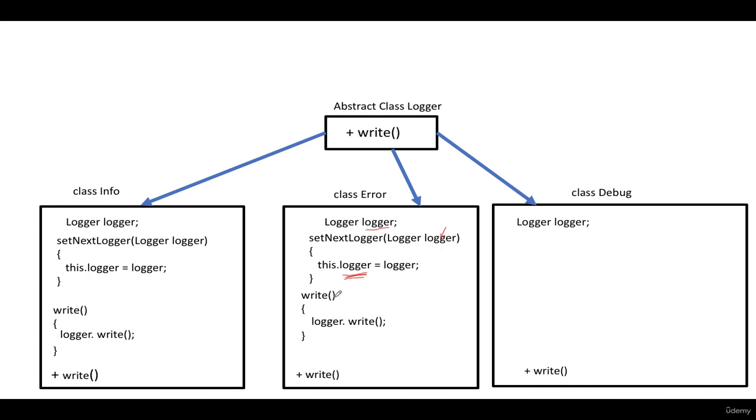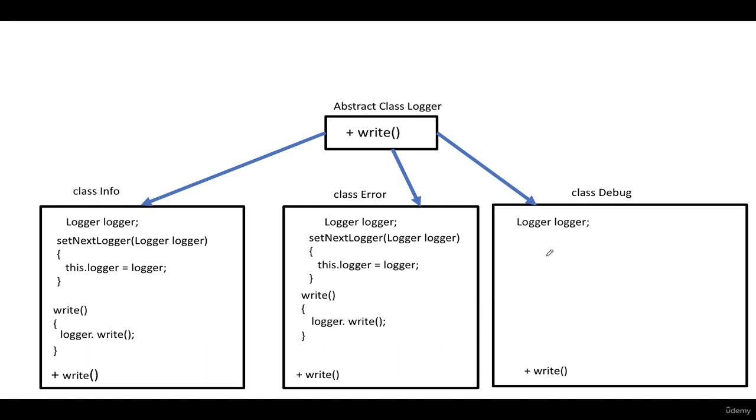And when we call the write method of this error class, eventually it will call the write method of the debug class, because this logger stores the instance of the debug class. So now the error can call the debug class write method.